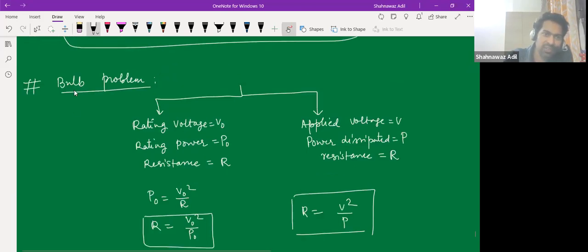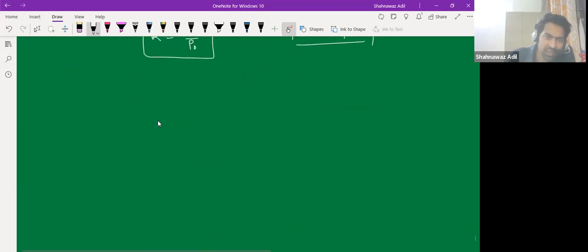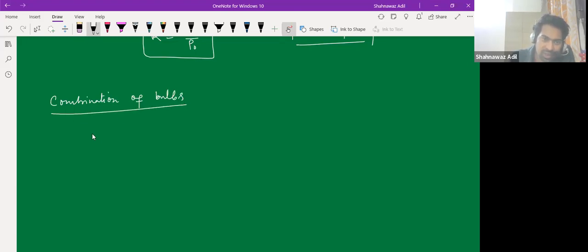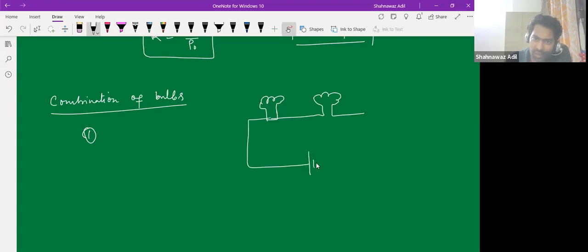So then what do we calculate in the bulb problem? We have combinations of bulbs. First is a series combination. Let's say we have this series combination of bulbs, connected to some voltage supply E and current I, and it has a rating of, let's say, V naught.